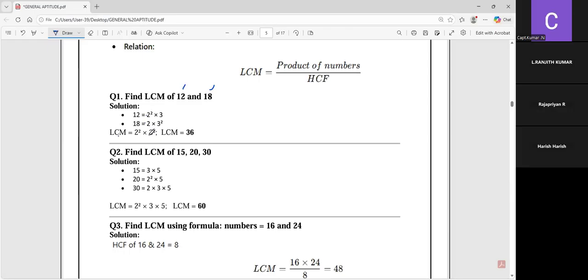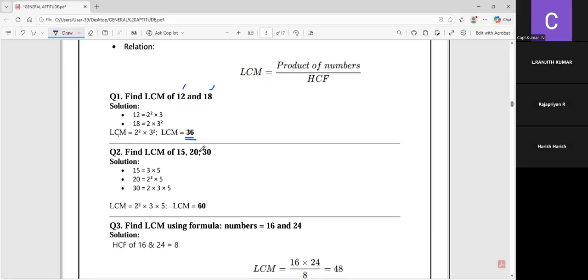So 2 power of 1 is here, 2 power of 2 is here, I'm going to get 2 power of 2, the maximum value. And next, 3 power of 1 and 3 square: minimum value is 1 and maximum value is 2. So 3 square. So LCM is nothing but 2 square times 3 square, which is equal to 36.